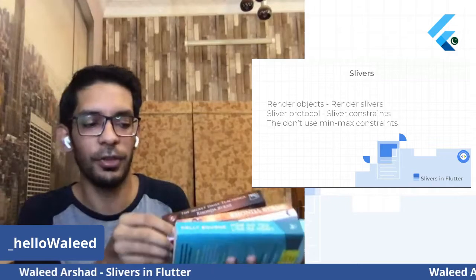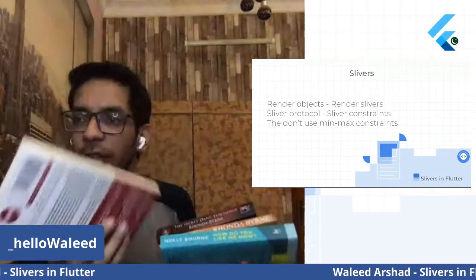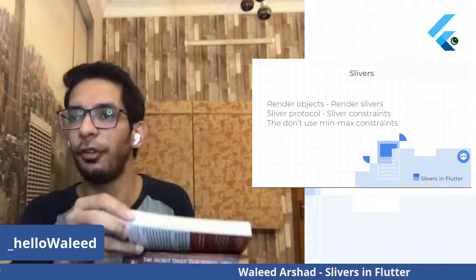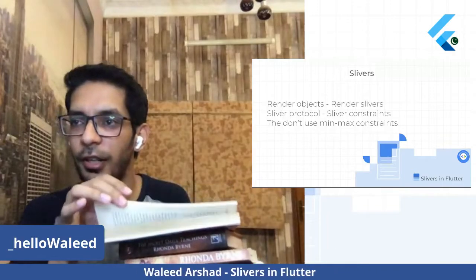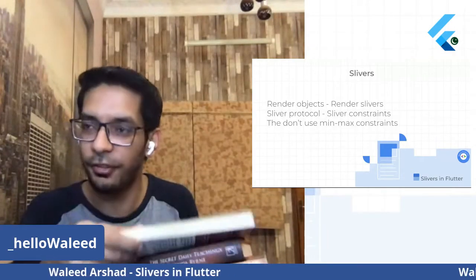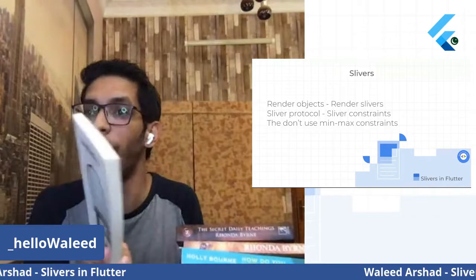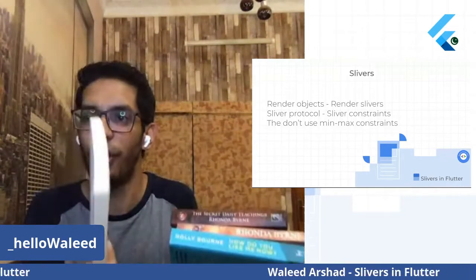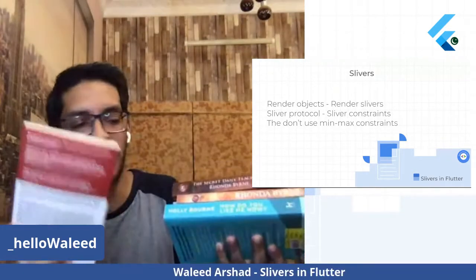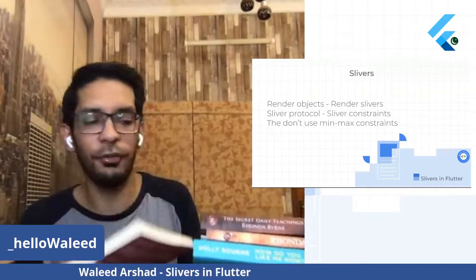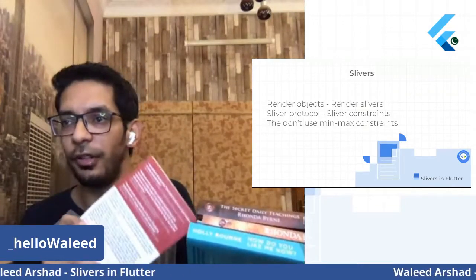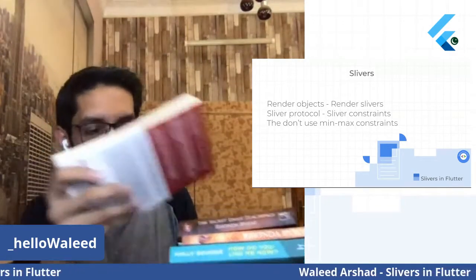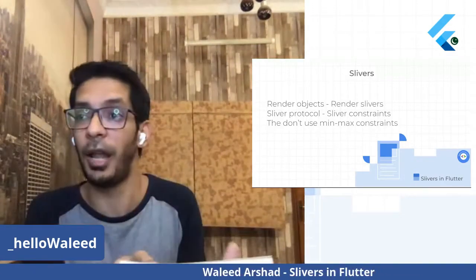Why? Because this single slice can be a list of multiple objects, right? It can itself be a dynamic list, where we don't know how much length or height it will have. So that's why these all need to be sliver objects.